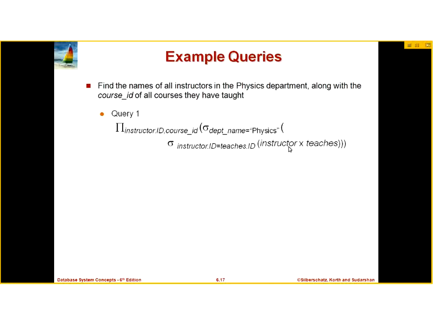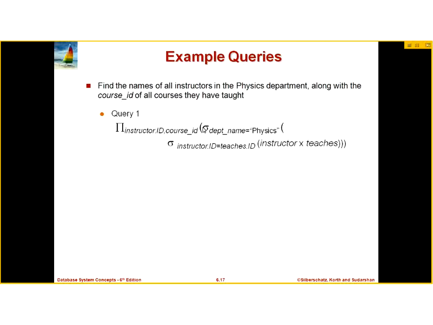It means you want a list of all instructors of the physics department with the list of course IDs which they have taught. So you look where instructor ID is equal to teacher's ID. From the teaches and instructor tables you identify the subjects taught by those people, and then you select only those instructors which are from the physics department.